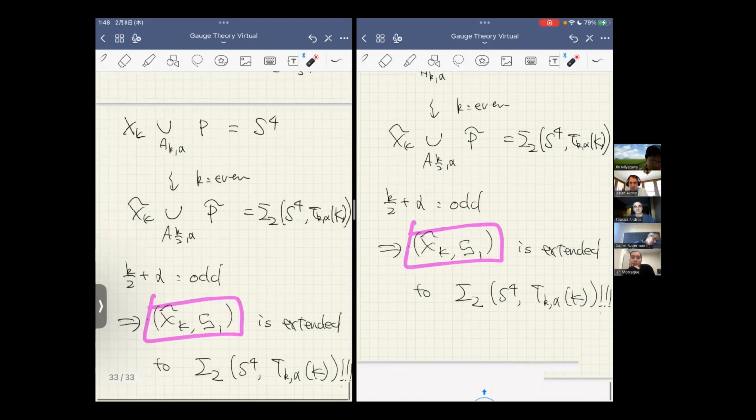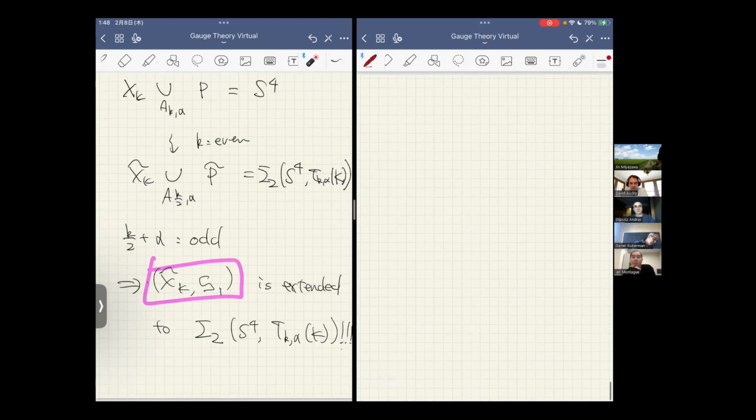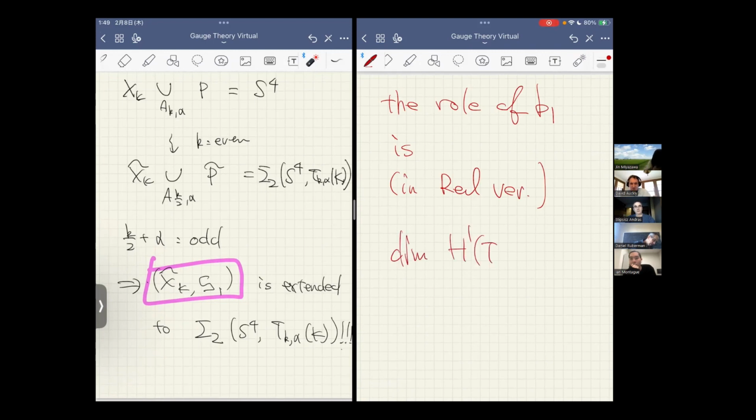the role of b1 in the real version is the dimension of the first homology minus the iota fixed point part.